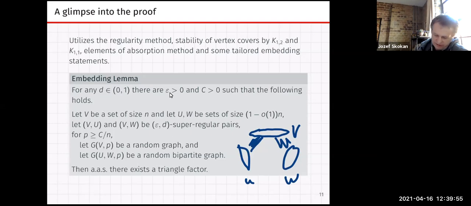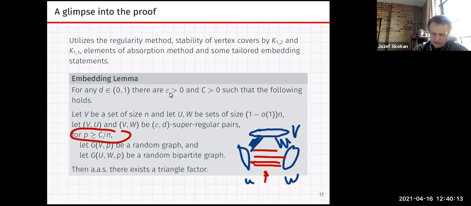And between U and W, you have a random bipartite graph where each edge is thrown in with probability p, and this probability p is at least a constant C over n.